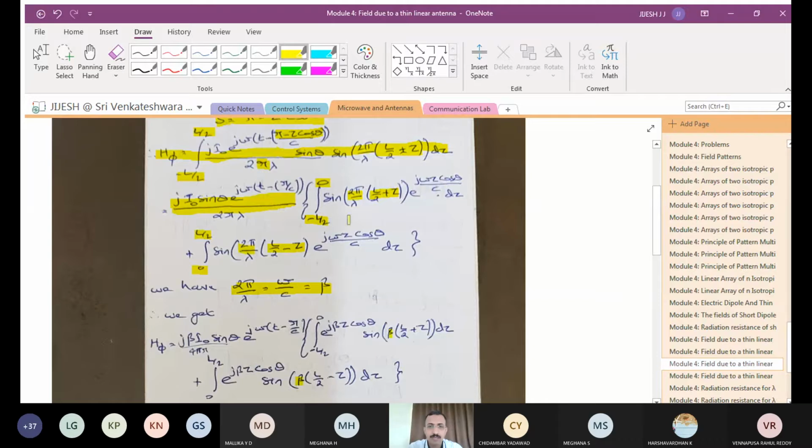Then where omega by c is there, I have replaced it as beta. Here also omega by c is there, and I have replaced it as beta. So both the e to the power of omega by c terms were changed to beta. And here one more beta is placed.